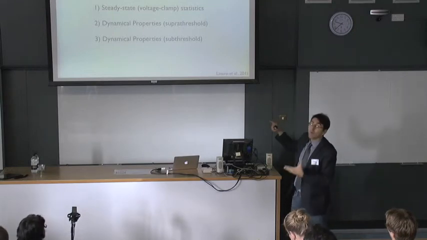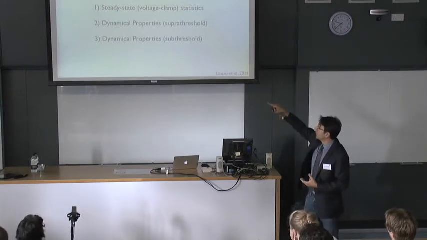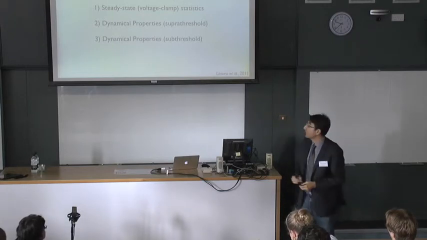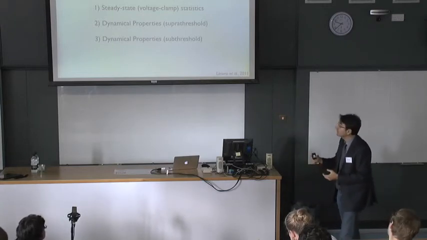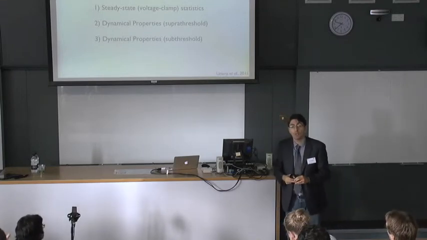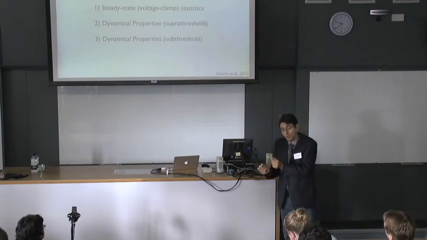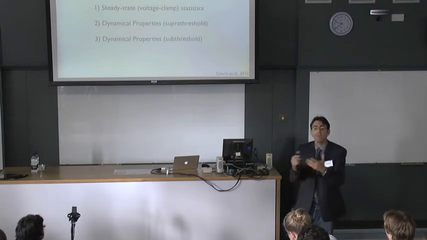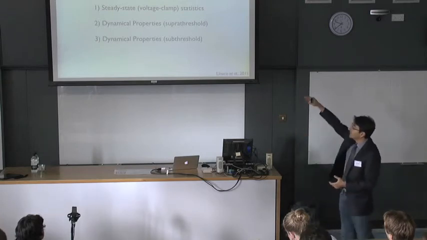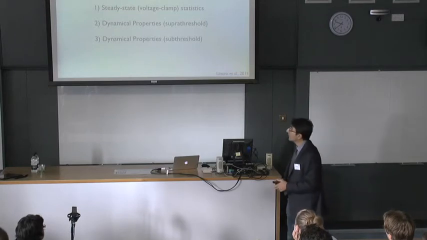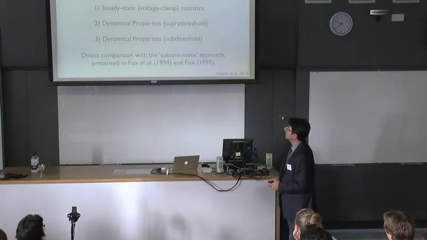Or in a kind of current clamp experiment, looking at the properties involving excitable behavior, the so-called suprathreshold dynamical properties, or the properties of the membrane potential below the excitability threshold. I would like to test whether this approach is actually capturing these properties. It may fail at some point, but at least I would like it to match accurately those 3 properties.